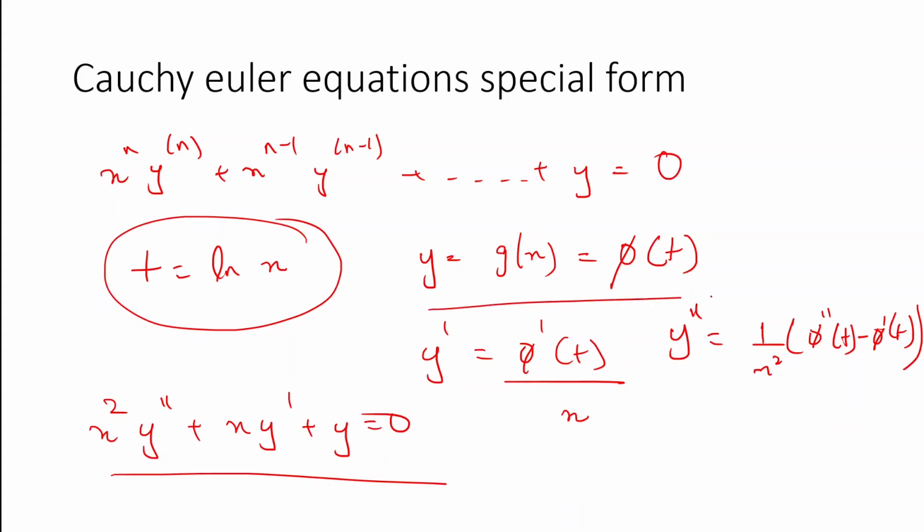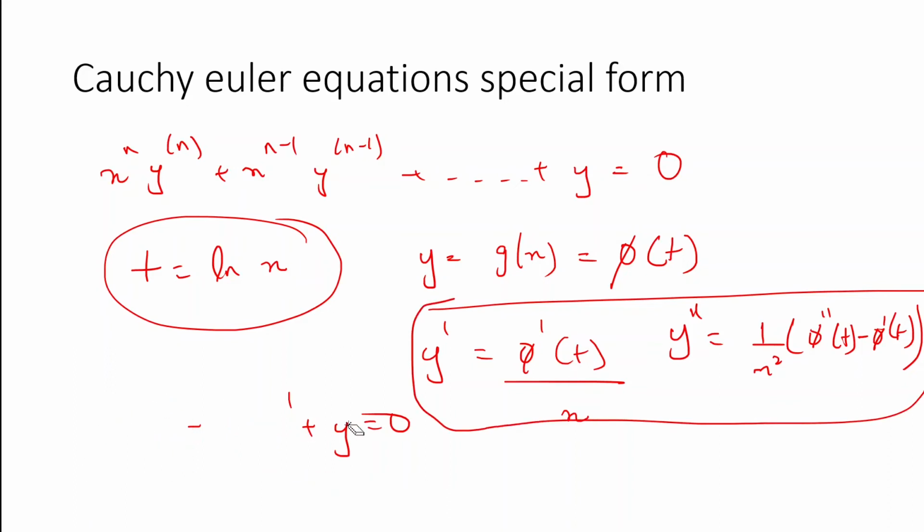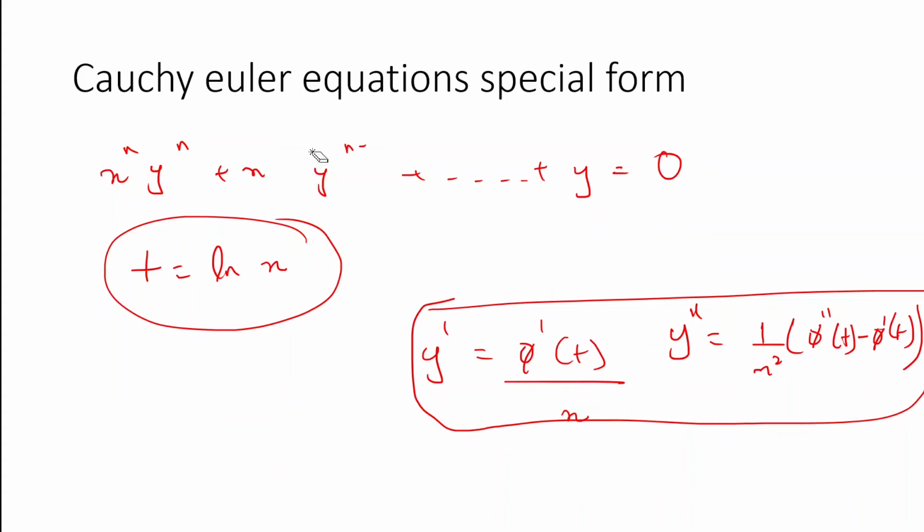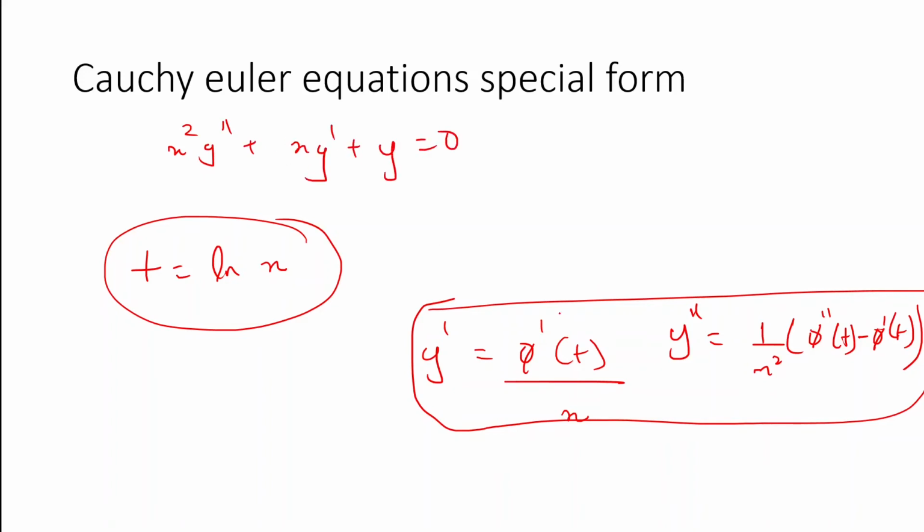So these two are preserved. I'll erase the rest here. And we know t is equal to ln x. Let's now rewrite this equation, n is equal to 2, second order: x squared y double prime plus x y prime plus y is equal to 0. Let's replace it.